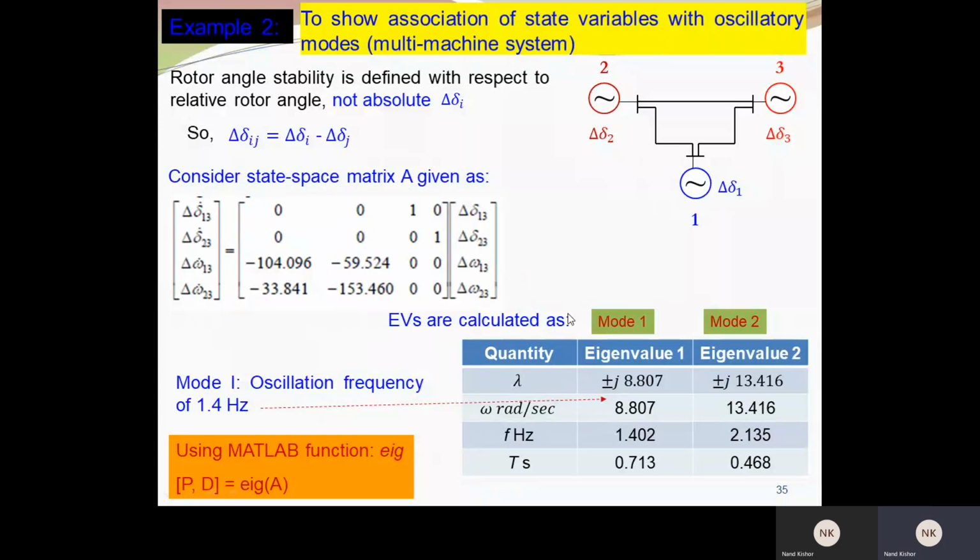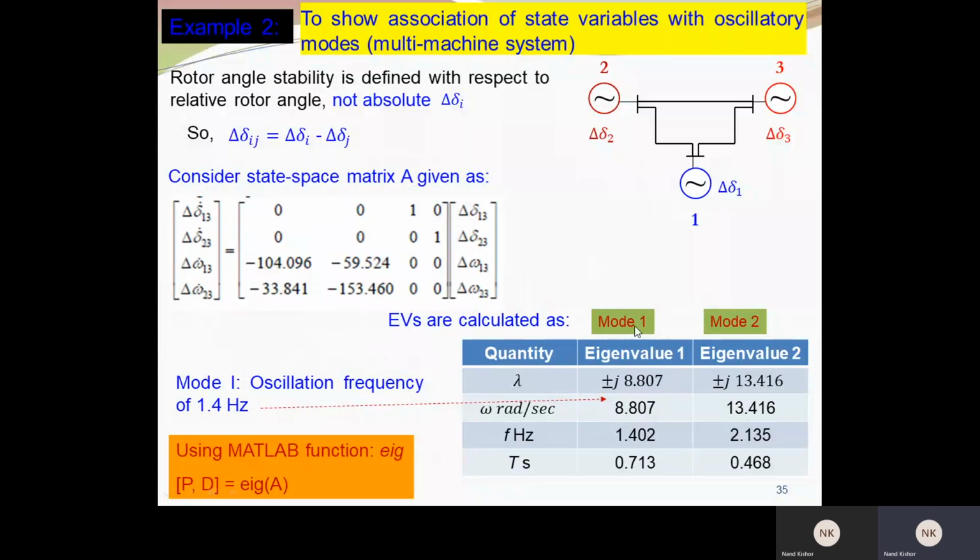Now for this example, the eigenvalues which we have calculated, we have the first eigenvalue and second eigenvalue in this way. What we find here is that there are two modes. When we look at mode 1, it has an oscillation frequency corresponding to 1.4 hertz, because this is omega, and divided by 6.28 gives about 1.4 hertz.